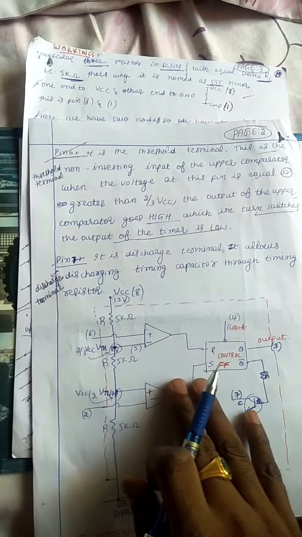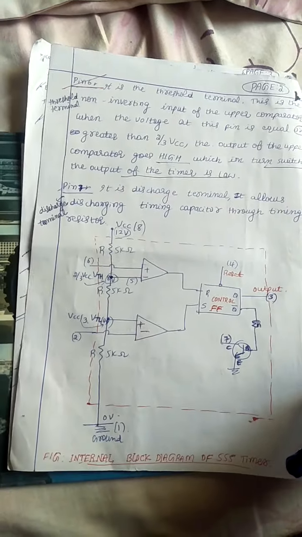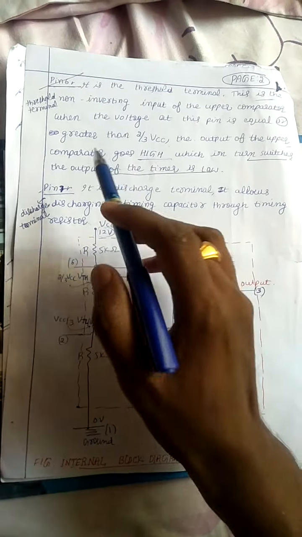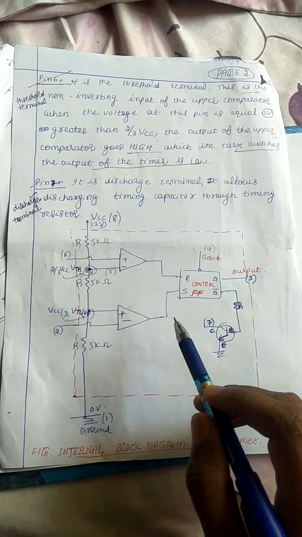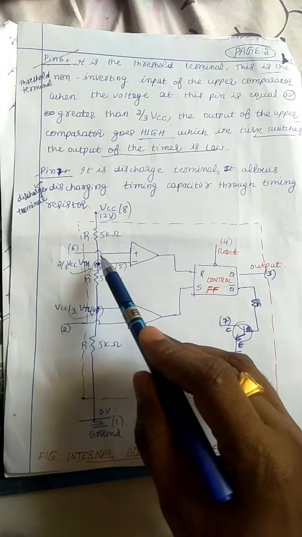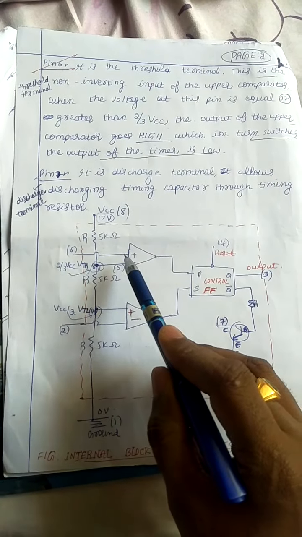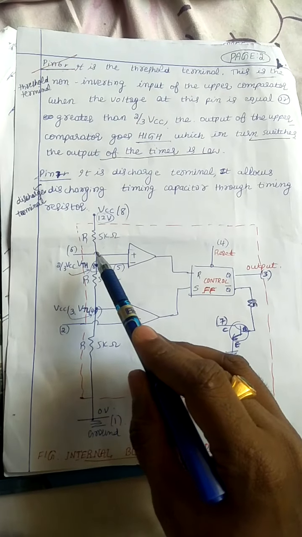Then you have pin number 6. Pin number 6 is a threshold terminal. This one, pin number 6, you have to connect to this point.